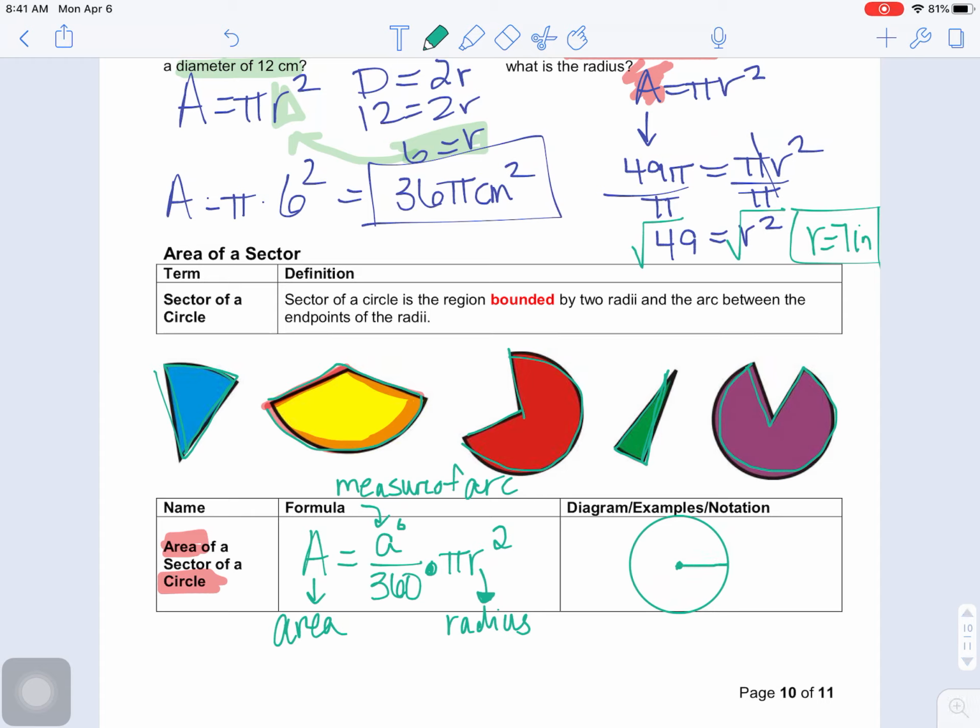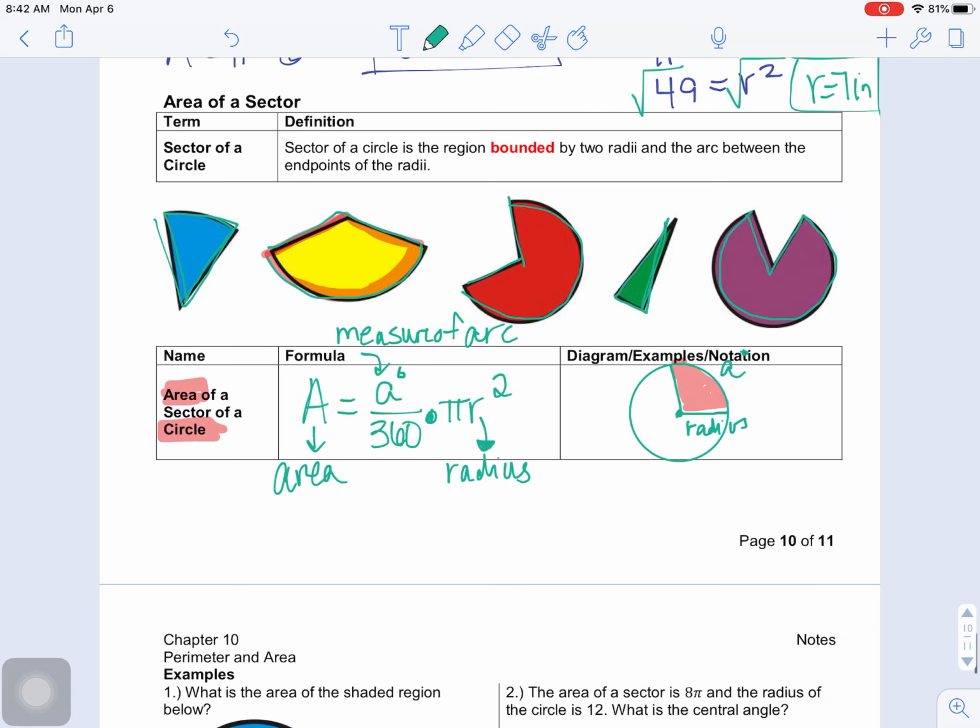Here's my radius. And I want to be finding this arc or this sector right here. In that scenario, I need to know also the measure of the arc, which would be congruent to the central angle because it is formed by a central angle, 2 radii.